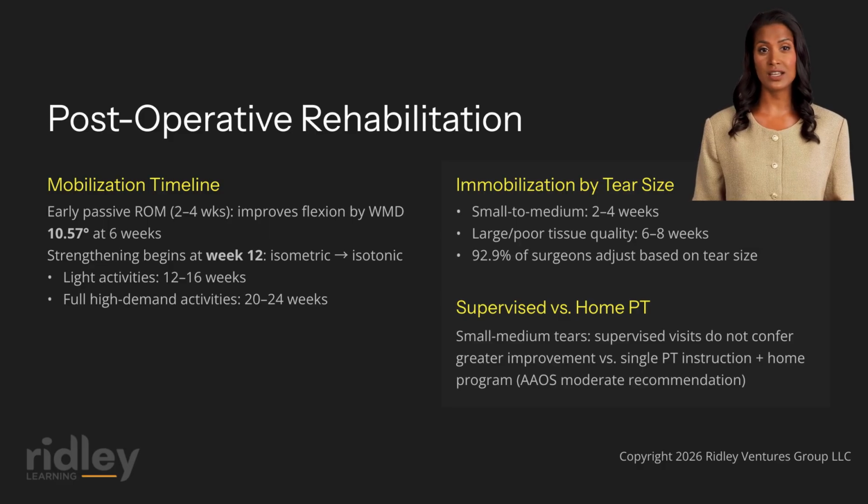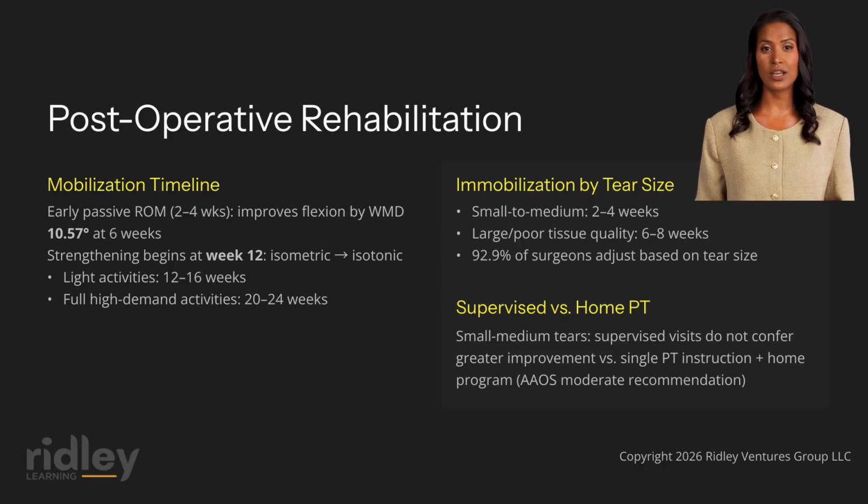The American Society of Shoulder and Elbow Therapists' consensus statement recommends that strengthening exercises begin at postoperative week 12, progressing from isometric to isotonic exercises, targeting the rotator cuff and scapular stabilizers. Immobilization duration should be tailored to tear size. Small to medium tears require 2 to 4 weeks, while larger tears or repairs with poor tissue quality may need 6 to 8 weeks.